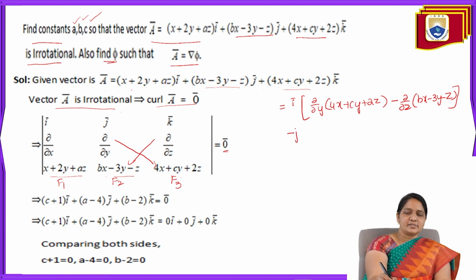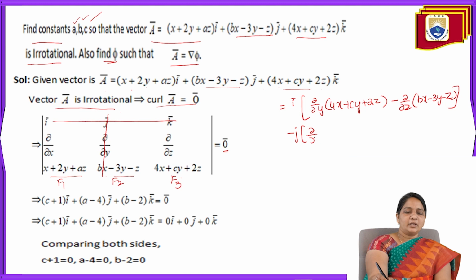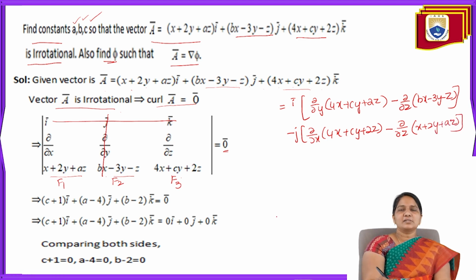Next, minus j: dou by dou x of 4x plus cy plus 2z minus dou by dou z of x plus 2y plus az. This is the second.